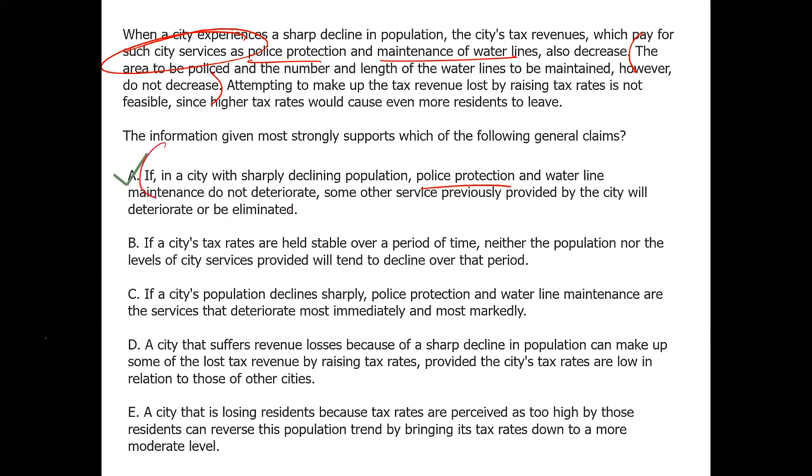Alpha is saying that these two services the government has taken will not decrease. Area to be policed is not the same as service of policing. Area to be policed is 50 kilometers square earlier, it's 50 kilometers square now also.